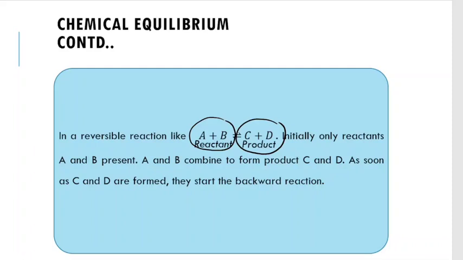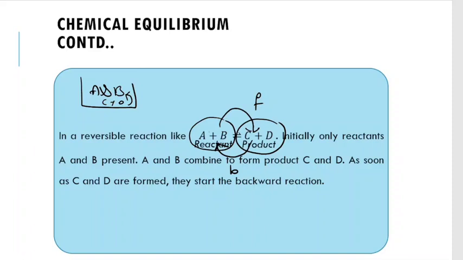Initially, only A and B will be there in the reaction vessel. And as soon as C and D are formed, they also start converting into A and B. Right? Now listen carefully. After the backward reaction starts taking place, as more and more products are formed when the reactants are consumed in the forward reaction, the backward reaction rate slowly increases.